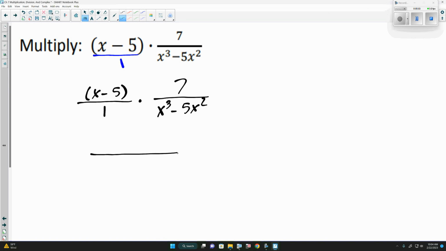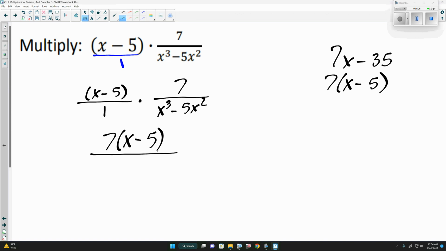So if I distribute it, it would be unfactored, yes? Because we would get, I'll write over the side, 7x minus 35. Is that factored? Well, no. It has a greatest common factor of 7. We would need to factor it out, leaving us with 7 times x minus 5, yes? Well, here, if I just multiply these, it'd be 7 times x minus 5.